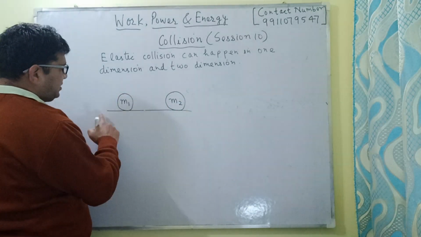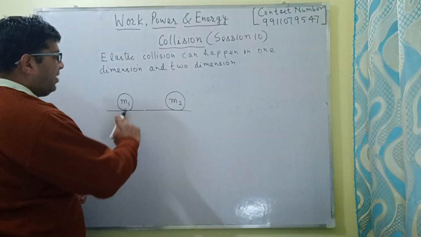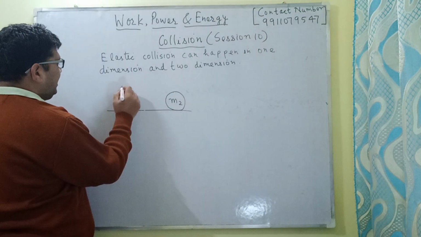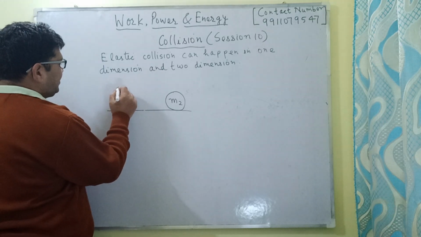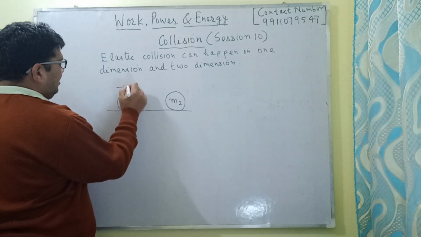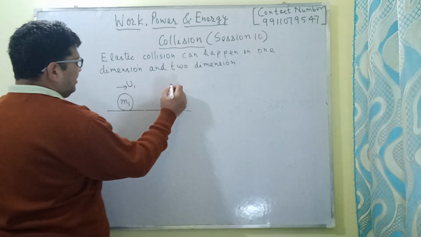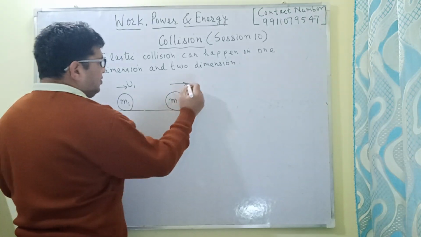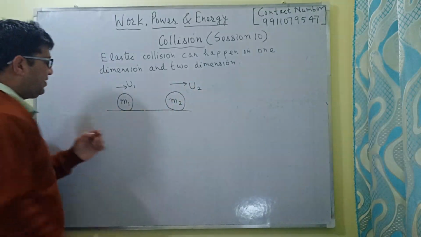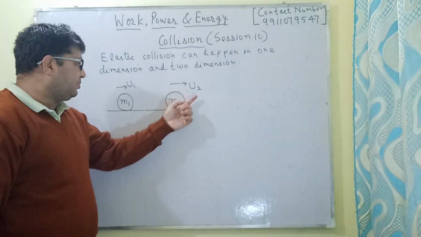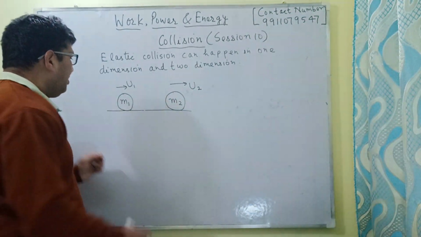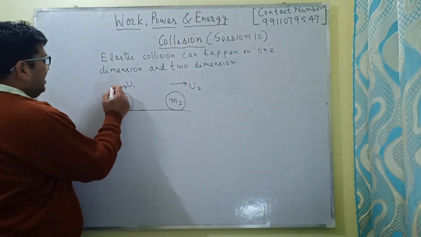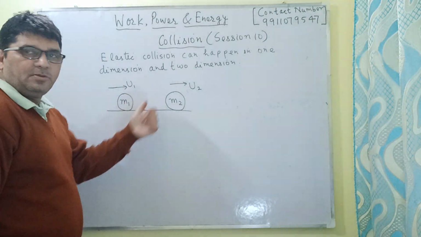Now let us consider that these two bodies are moving in one dimension, and their respective velocities are u1 for the body m1 and u2 for the body m2. They are moving in the direction of this arrow.